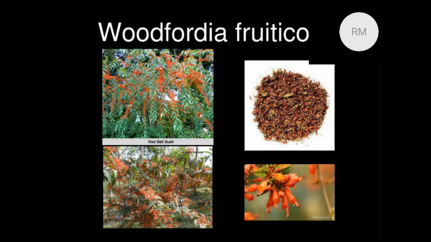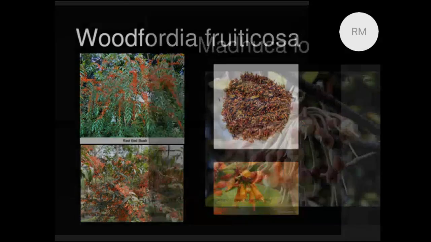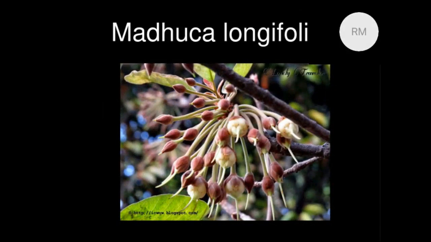Okay, so then we go on to the other plant. The other plant is Mathuca longifolia. This is also used for fermentation. Yes, this is important. That is why we say we should not use formulations made out of yeast.